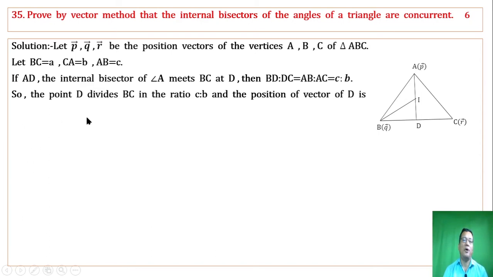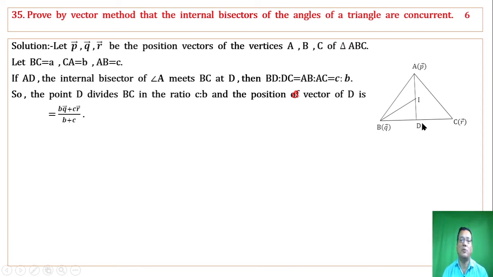So the point D divides BC in the ratio c is to b, and the position vector of D is (b q vector plus c times r vector) by (b plus c).